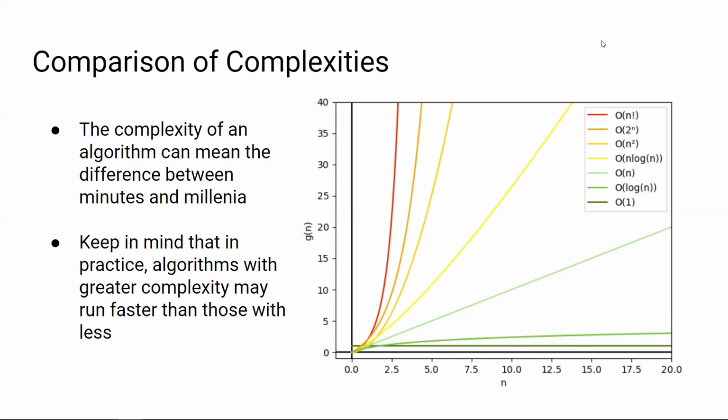It depends on the particulars of the implementation. We try to abstract those away to better characterize the algorithm itself, but you could have an O of 1 that actually runs slower than an O of n factorial for certain inputs, if it's a really big O of 1.